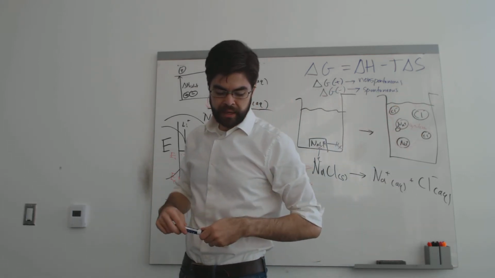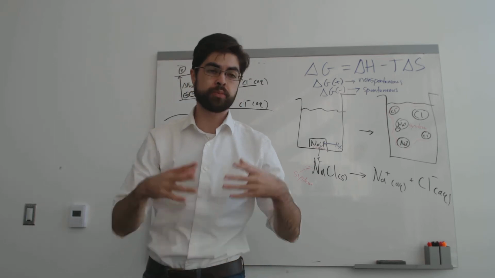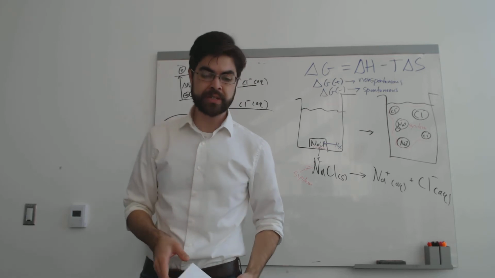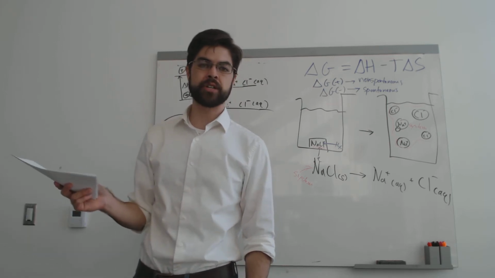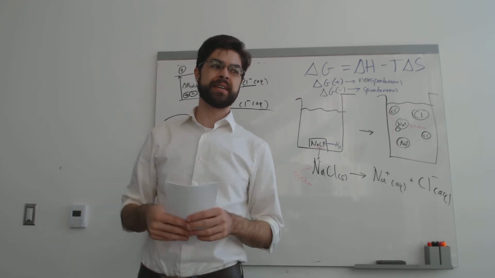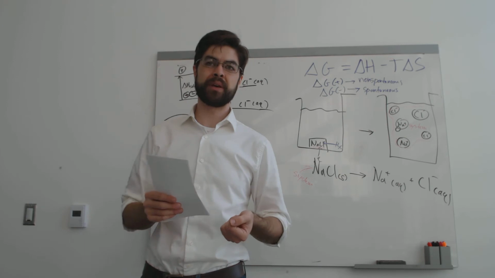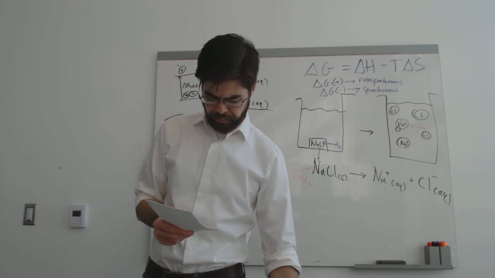And entropy is essentially a measure of disorder, how spread out and random and chaotic things are. And as we will learn, the second law of thermodynamics, the general observation of how the universe behaves, is that things tend to become more disordered. And that really ends up being the driving factor for whether or not things are spontaneous or not.